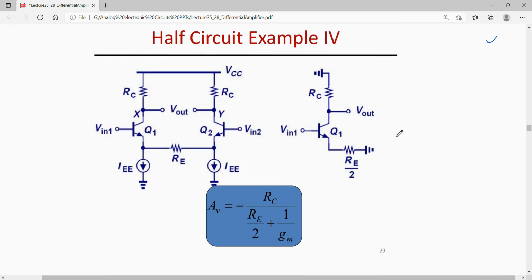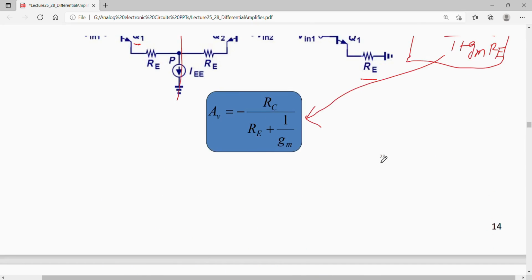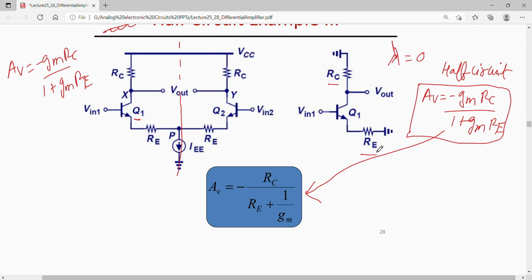Let us take another example where we want to find out the gain of this circuit. So we again divide this circuit into two halves. This time RE will be distributed equally in these two halves, that is, RE will be RE by 2 for this circuit. Both circuits are the same except RE is RE by 2 here.